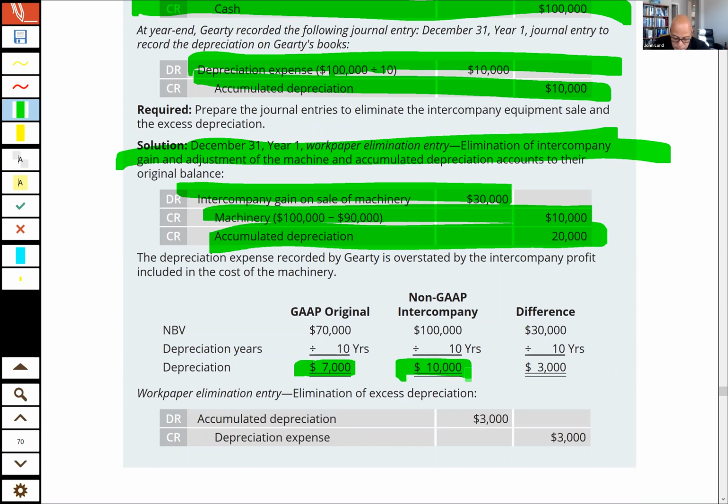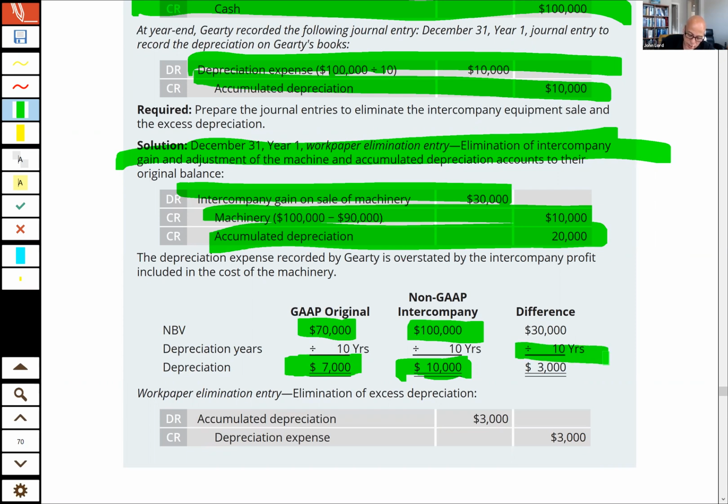The net book value was 70 at the time of the transaction, and on the purchaser's books it was 100,000. So they took 10,000 depreciation. Meanwhile, we should have only taken 7,000 depreciation at that original cost.